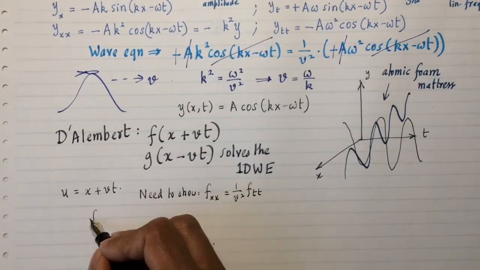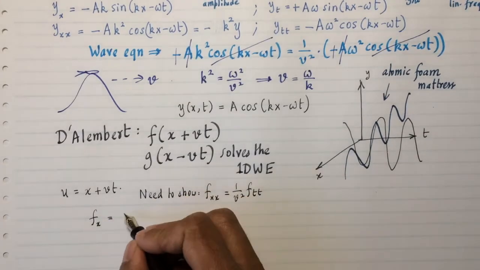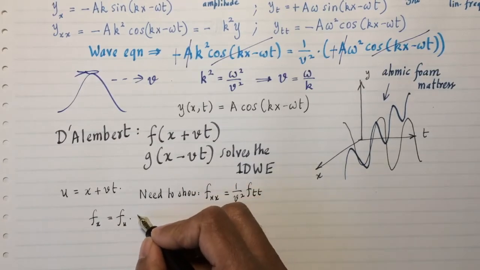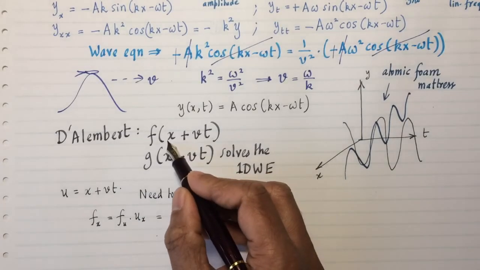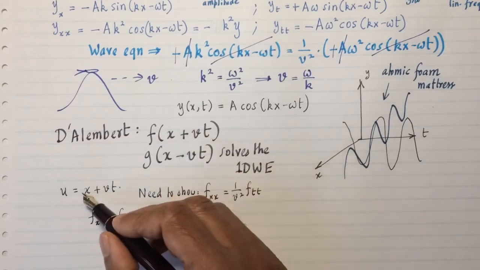Let's try to find f_x. f_x is the derivative of f with respect to u, f sub u, times u_x by the chain rule. The derivative of u, which is x plus vt, with respect to x is just 1.